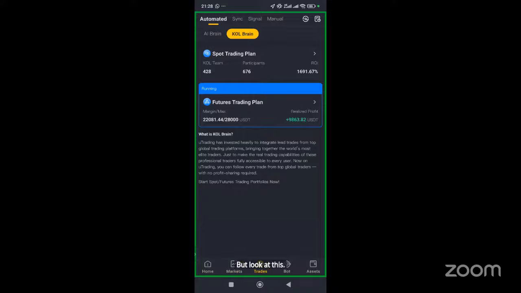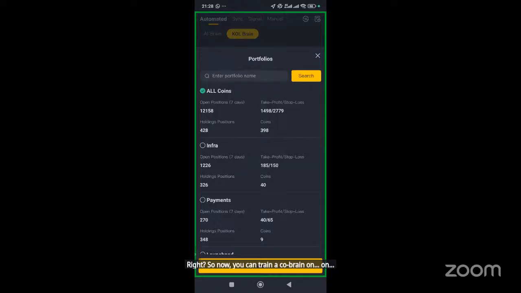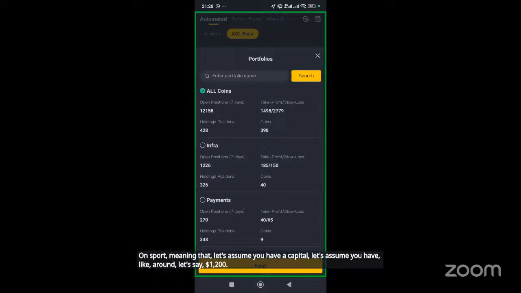We discovered something so amazing with this Co-Brain. All you need to do is to have a particular amount of money, and you can trade the Co-Brain according to your capacity. So now you can trade the Co-Brain on spot, meaning that let's assume you have a capital, let's say around $1,200, or maybe a certain amount of money.